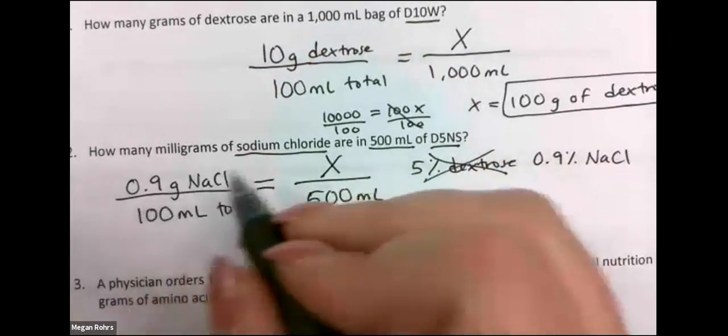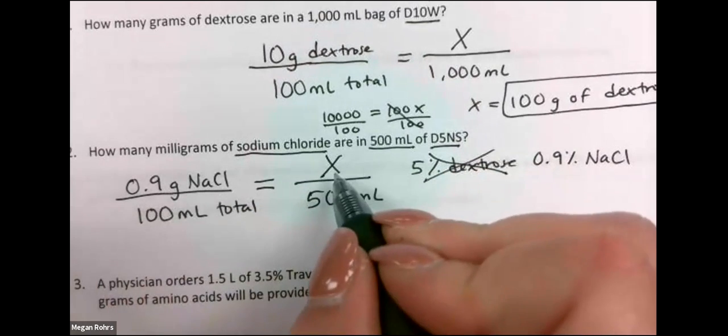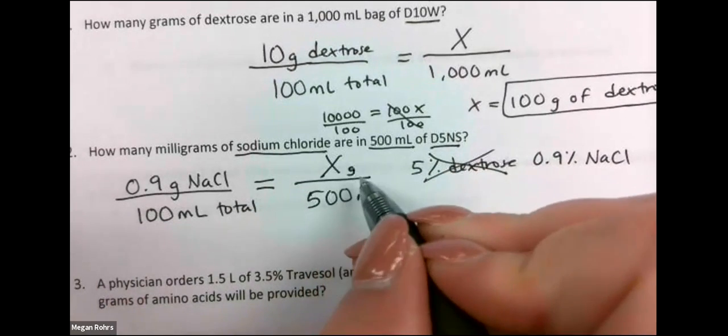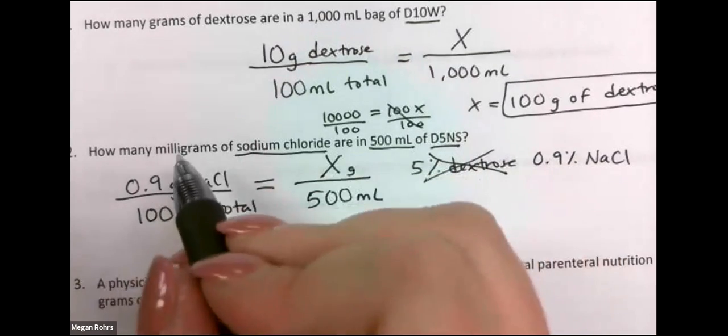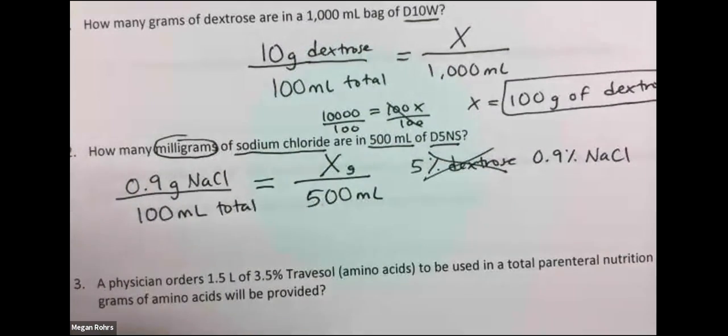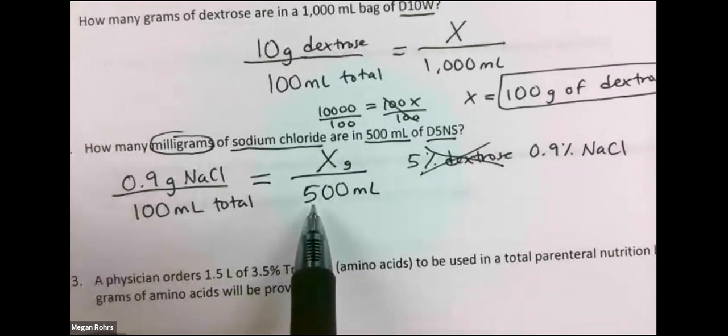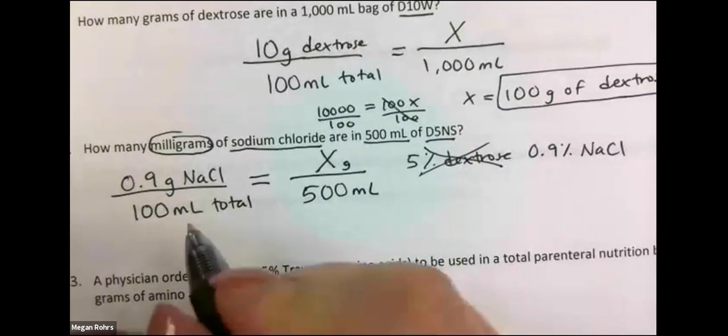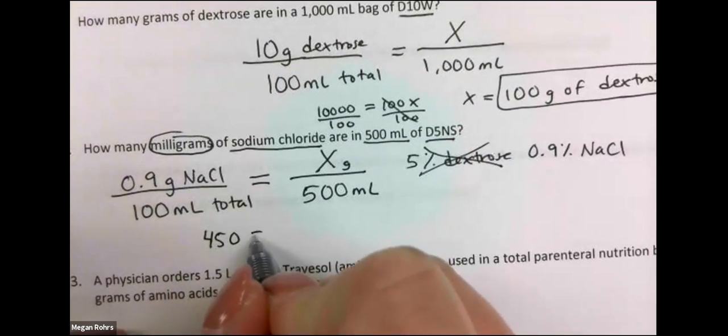Now remember your X here, that's going to give us our answer in grams. The question is asking for milligrams. So we're going to have to convert after we solve here. So we're going to take 0.9 times 500, which gives us 450.